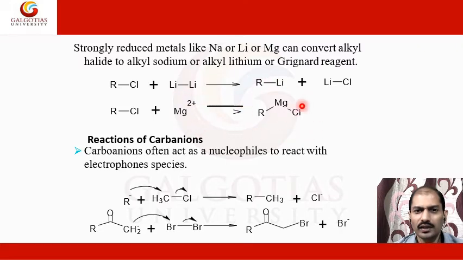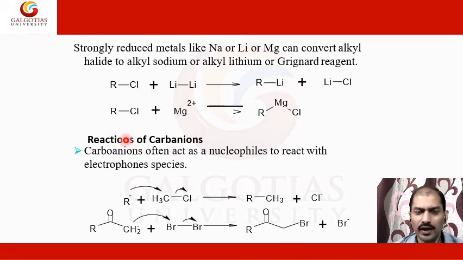Strongly reduced metals like lithium, sodium or magnesium can convert alkyl halide to alkyl sodium or alkyl lithium. So if you react with sodium, it will make an alkyl sodium, or if you react with lithium, it will make this kind of compound.